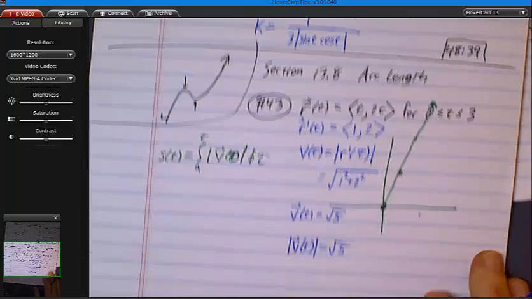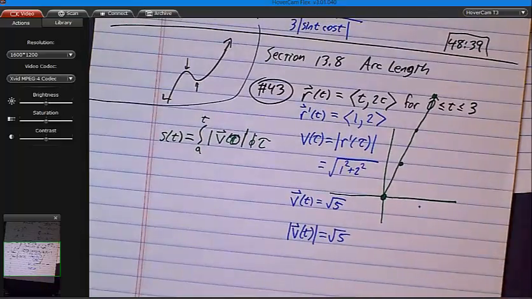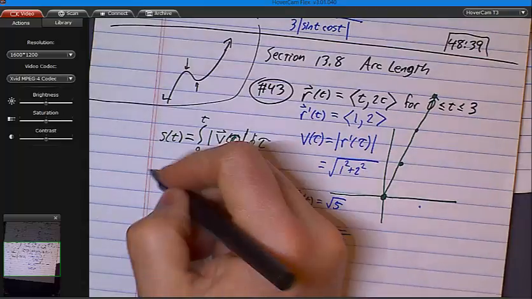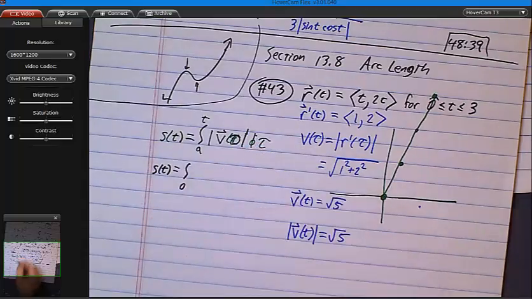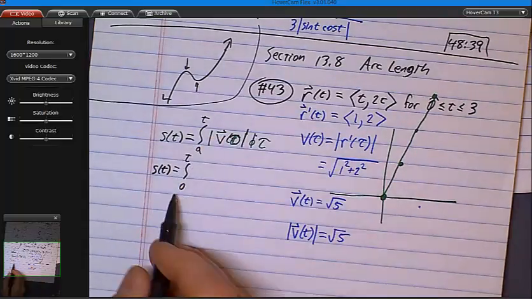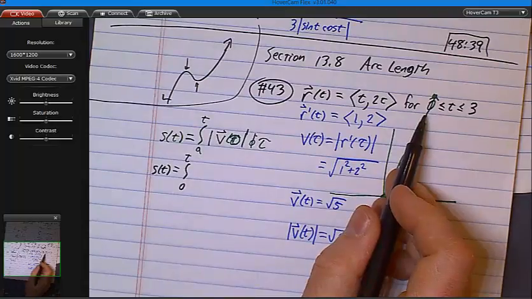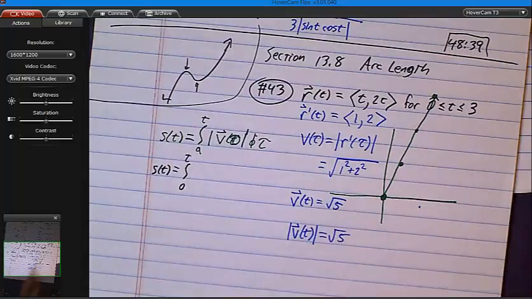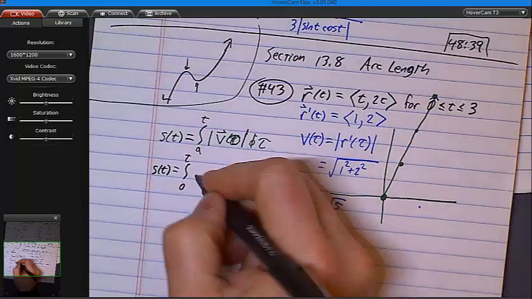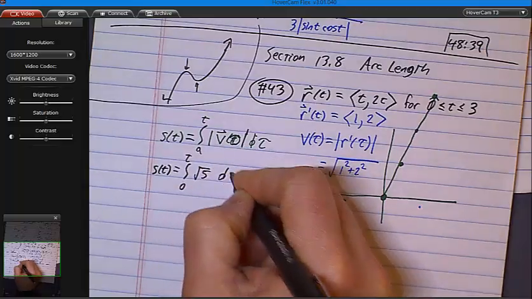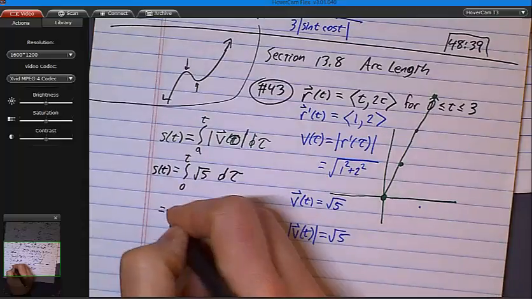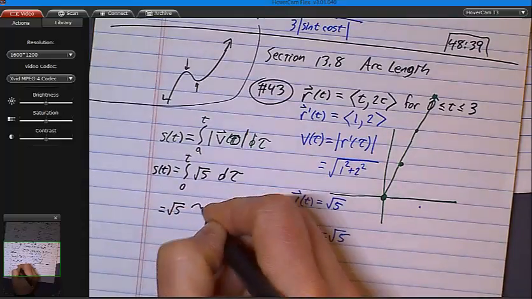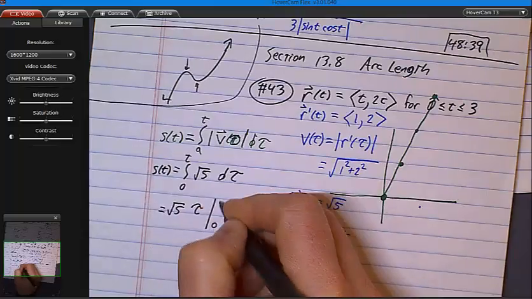Okay, so let me go back to this arc length formula and see if I can use it now. So s of t would be the integral from 0 to t. I'm choosing 0 because that's the starting point, of the square root of 5 d tau. And so I'm getting the square root of 5 times tau from 0 to t.